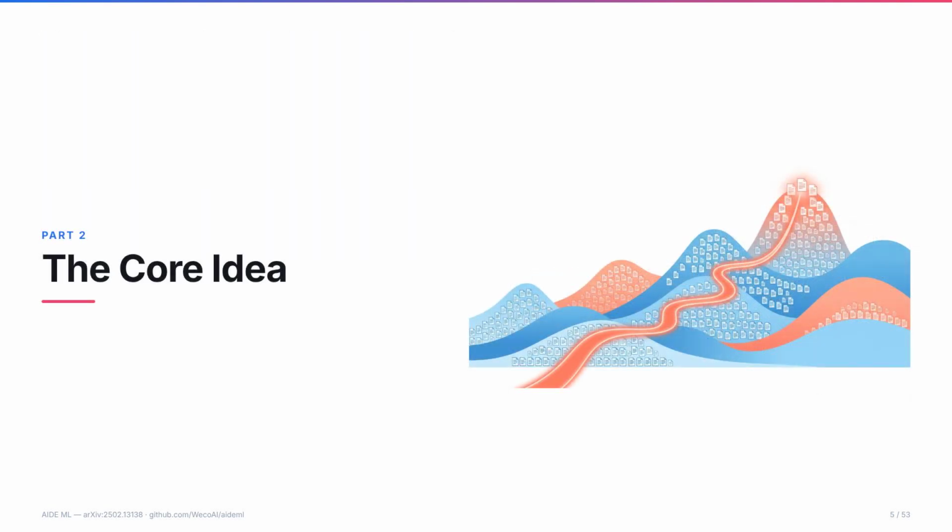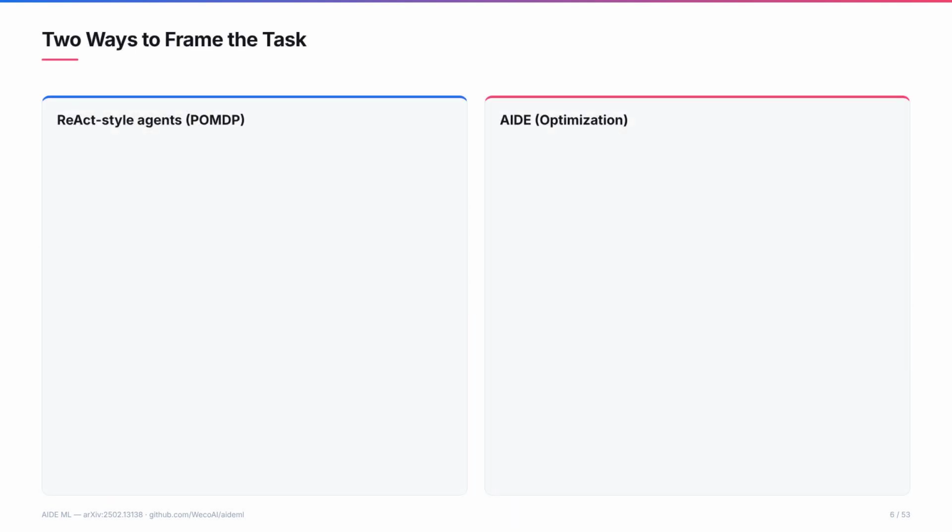So how do you turn writing code into something a computer can optimize? This is where the paper makes its most important move. Most general-purpose agents, like ReAct, frame the task as a partially observable Markov decision process. The agent keeps appending observations to its context and treats the whole interaction history as state.